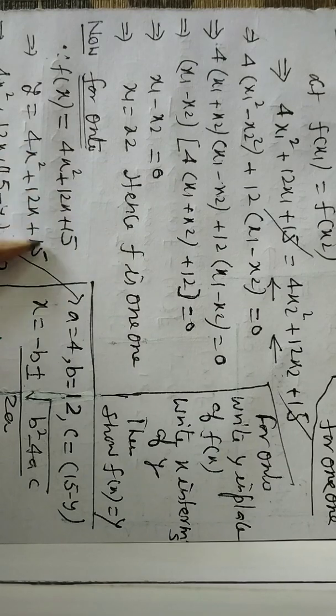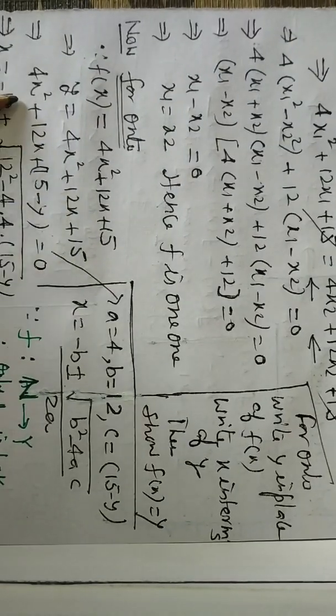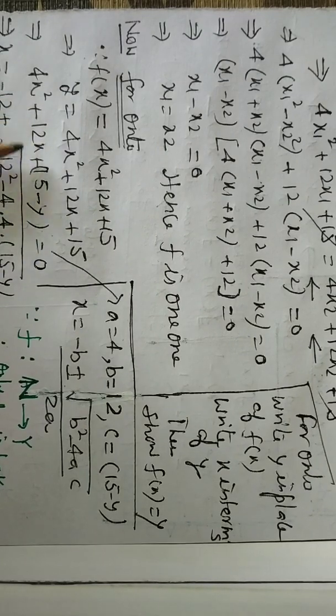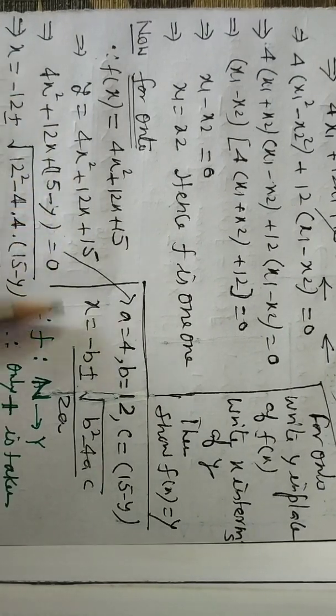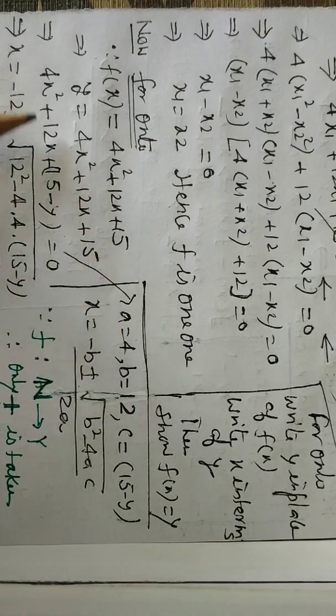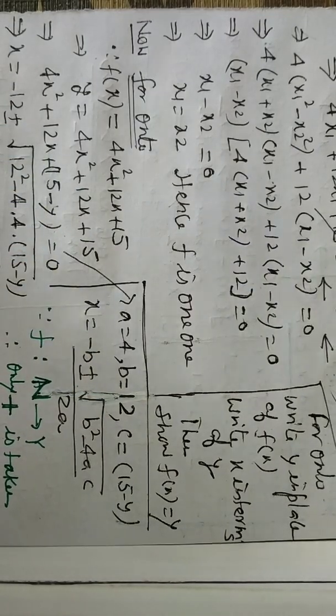Then this is 4x² on the left side and this is the right side. Now carry y to this side. This is a quadratic equation in x, where a is equal to 4, b is equal to 12 and c is equal to 15 - y.